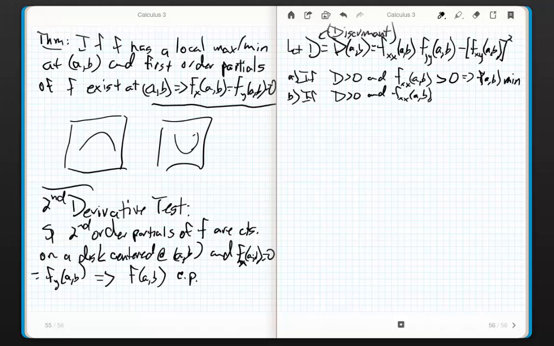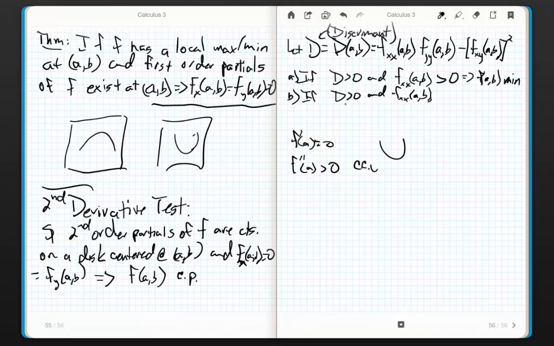It's like the concave up we used to use. Remember, if f prime at a equals 0 and f double prime at a is greater than 0, this implies concave up. So I have a leveling off, which produces that min.